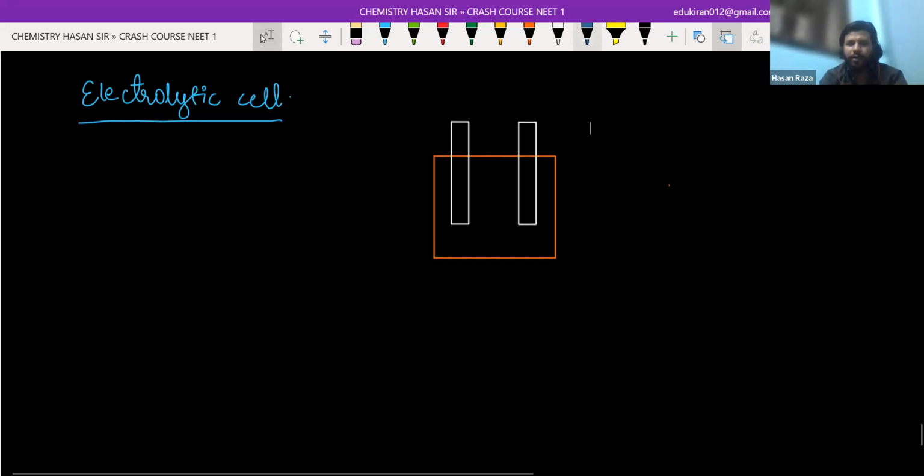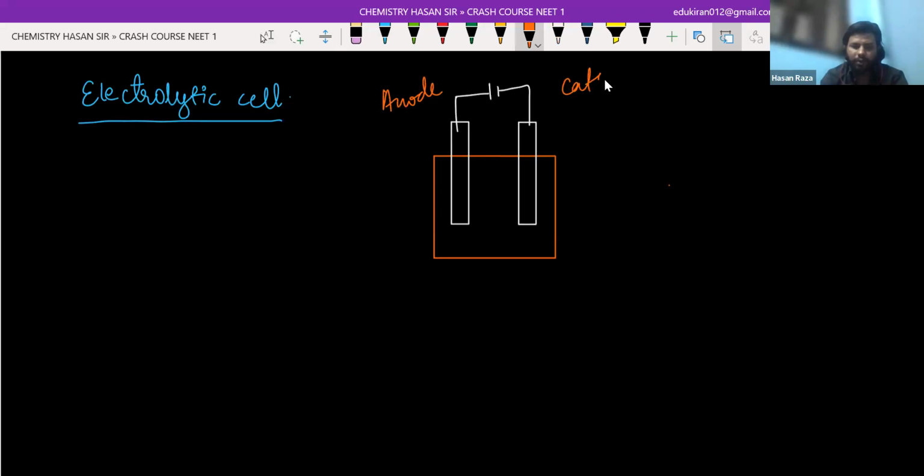This is your other electrode. This is connected with the positive terminal of the battery, and this is connected with the negative terminal of the battery. This is your anode, and this is your cathode. The electrodes are inert here.